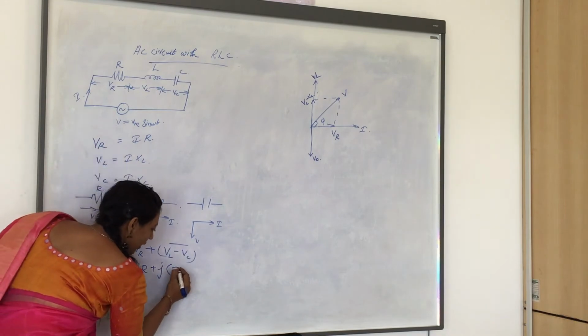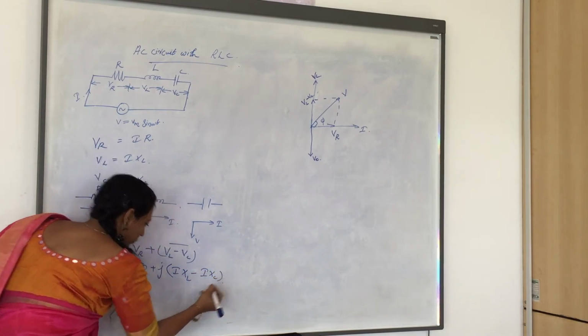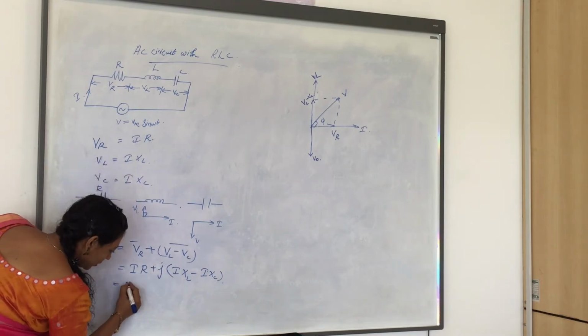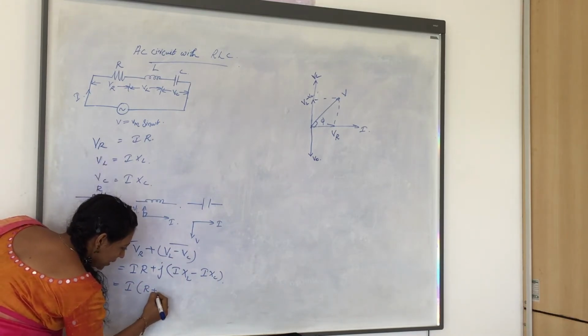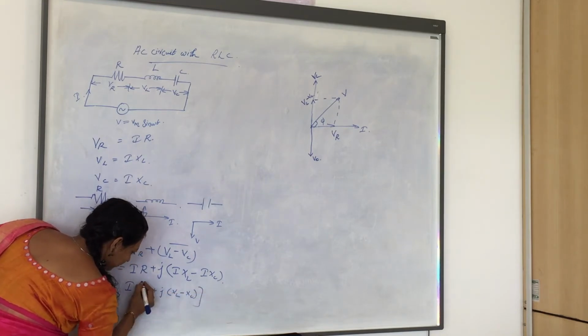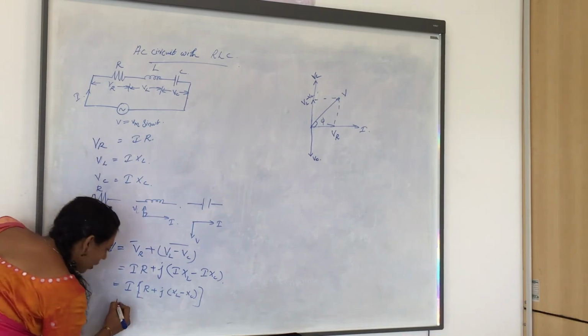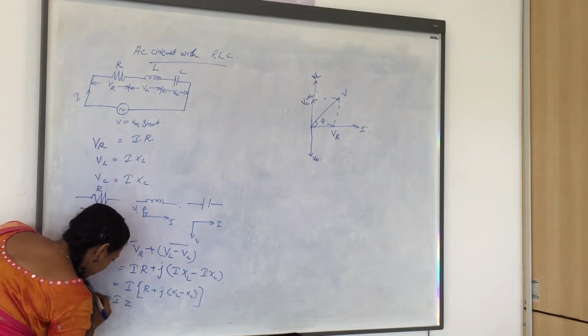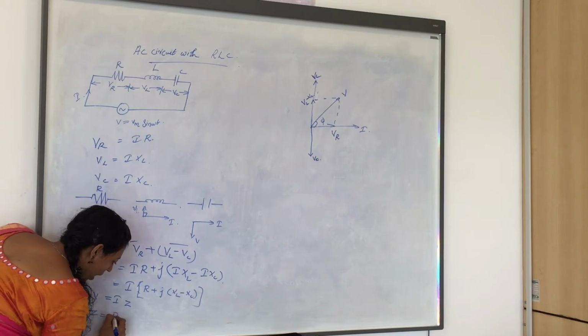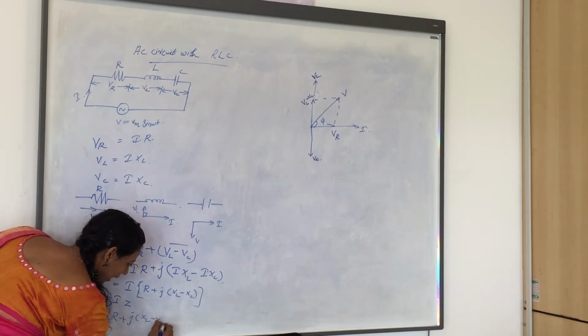VL is equal to I into XL, VC is equal to I into XC. Taking I common outside, we get R plus j into XL minus XC. The impedance value is I into Z, where Z is equal to R plus j XL minus XC.